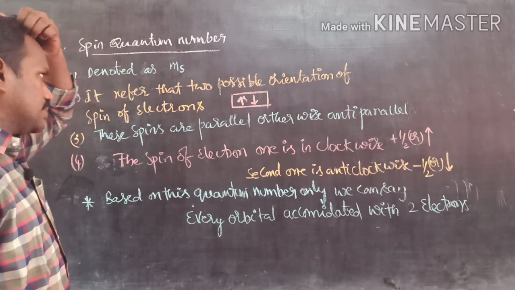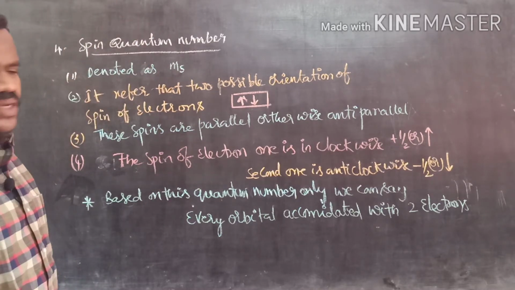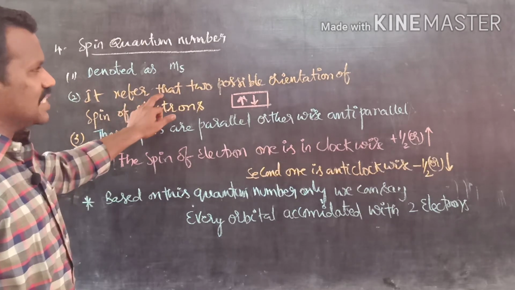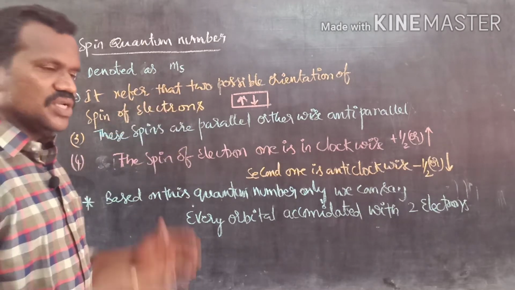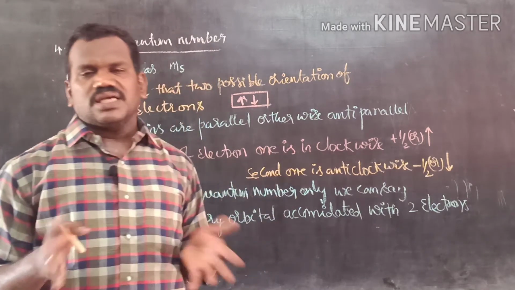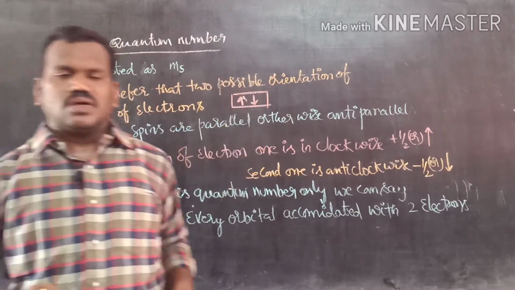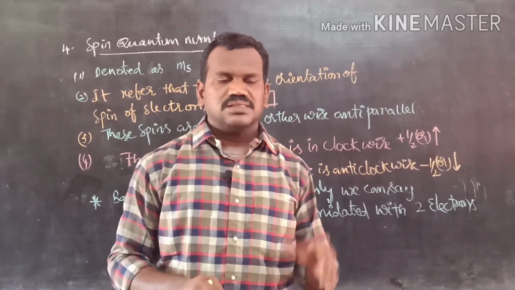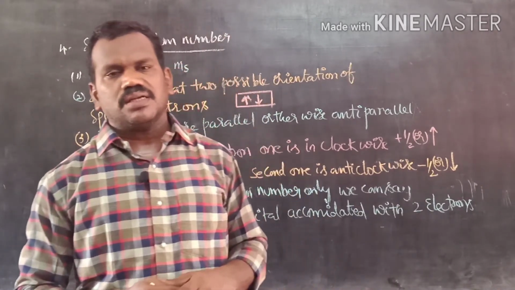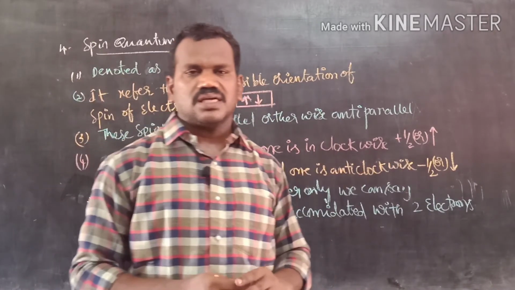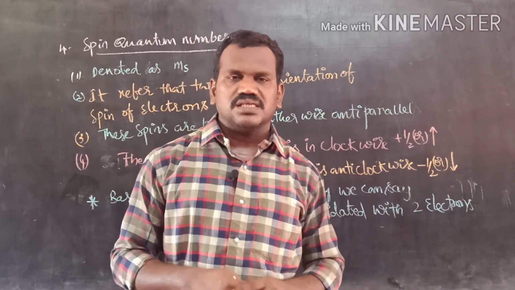This is also an individual quantum number. What does it say? Finally, we got to electrons: main levels by the principal quantum number, sublevels by the angular momentum quantum number, orbitals by the magnetic quantum number, and finally electrons.